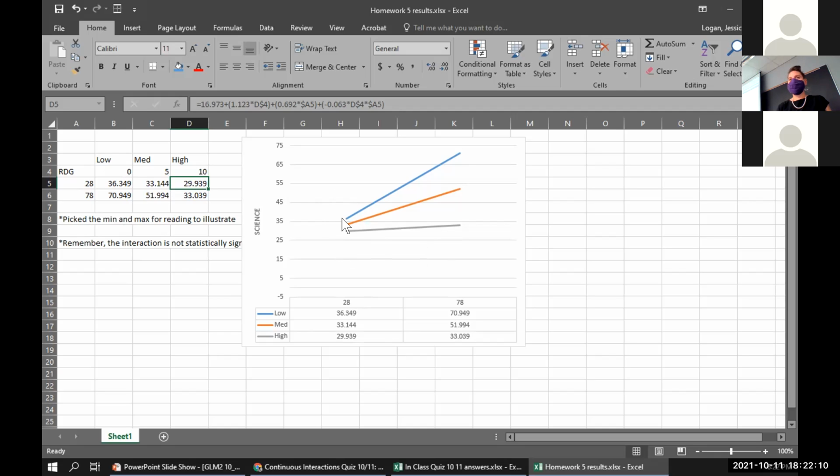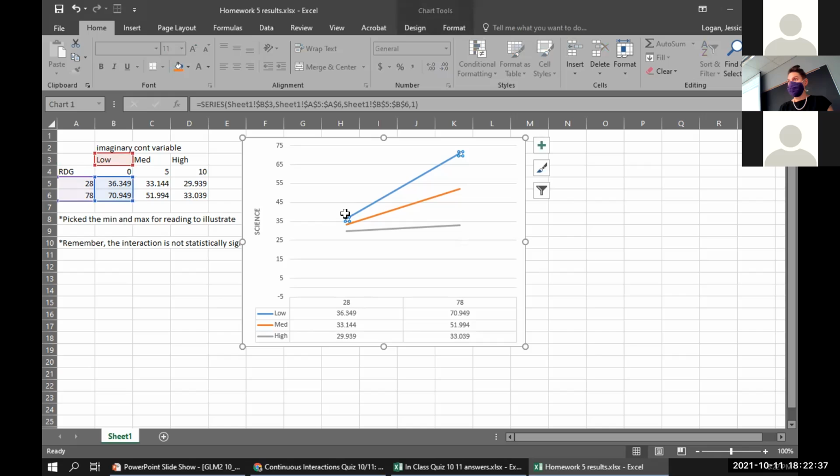Here's the slope when this imaginary continuous variable is 10. So if I've centered it at 10, you would expect the relationship between reading and science to be near 0, probably not significantly different from 0, because that is a flat line. Here, it's a pretty positive relationship, much stronger than it was when this imaginary variable was high.